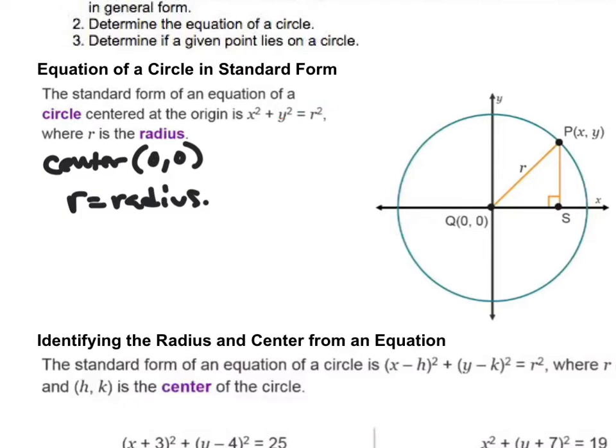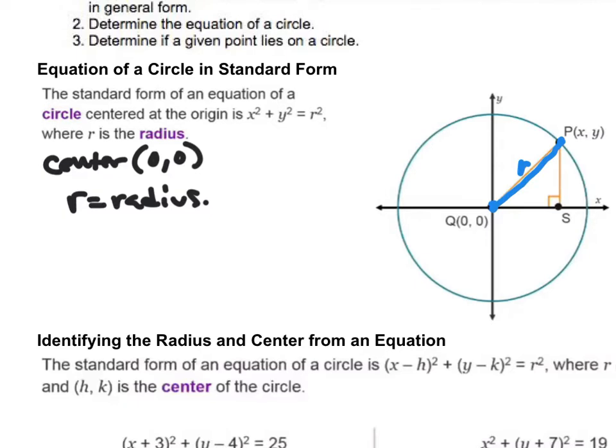Now what I want to talk about here is how do we get this equation? Well, I want you to notice something. You have a circle here, and it's plotted on a coordinate plane, so you have an x-axis and a y-axis. Notice that the distance from the center of the circle to any point on the outside is called the radius, that's your radius r.